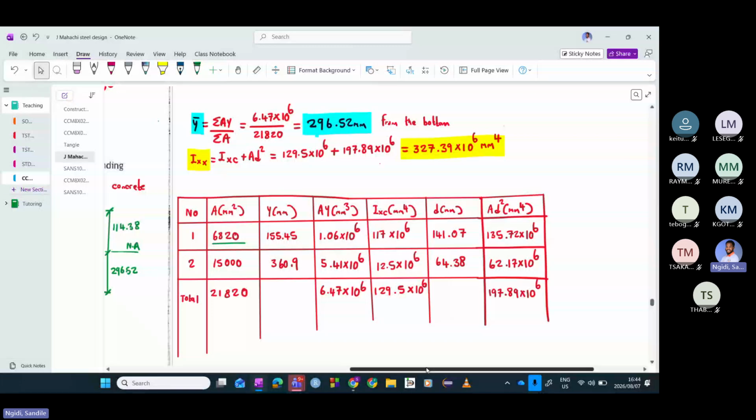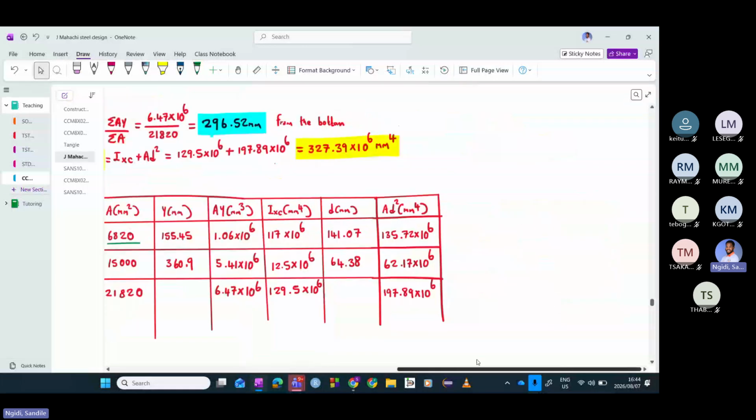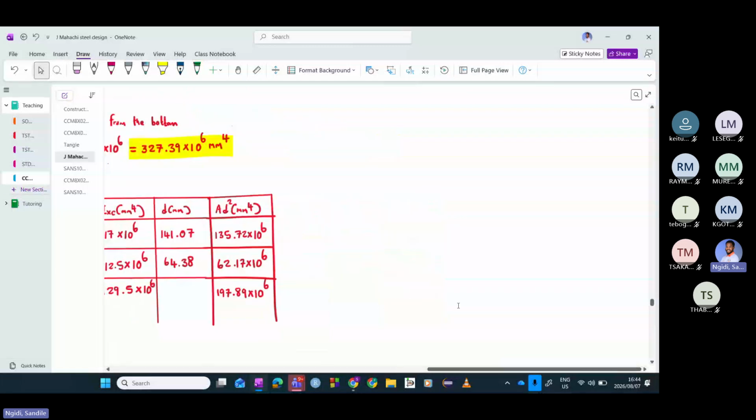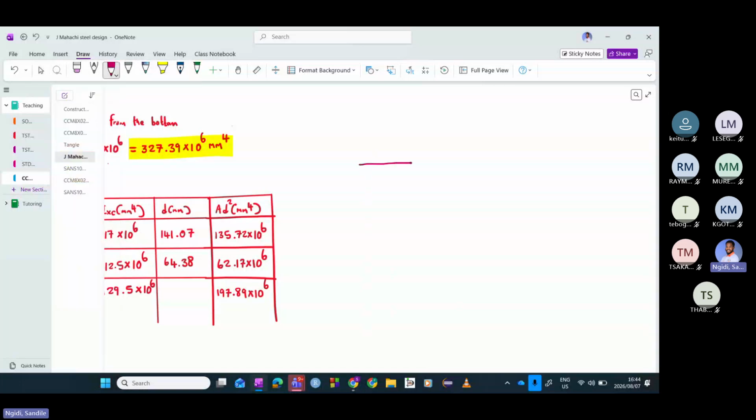Let's continue. What we can do is, well, we have this section. If one were to draw this section again, we have this composite section where the bottom part is steel, and this steel is made from an I section.